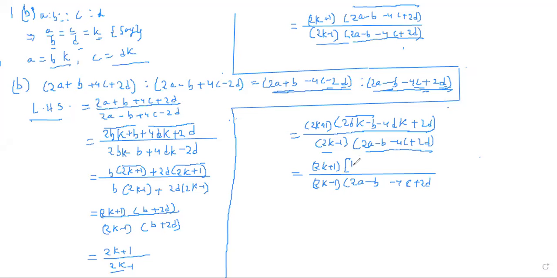In the first two, b is common into 2k minus 1. In place of plus, if we use minus 2d common, it will be better.